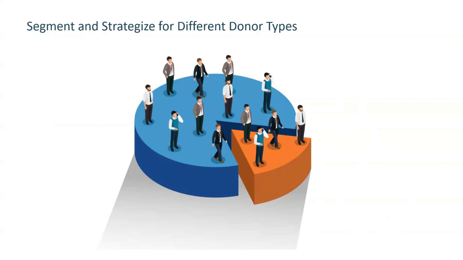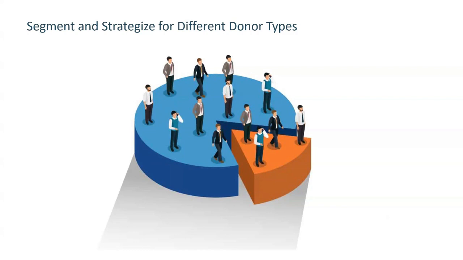Your donors aren't a monolith, and so you can't always achieve what you want through generic communications. That's why we talk about really segmenting and tailoring your messaging for the different donor types that you have. And you'll have to understand that and communicate your different approaches in your fundraising plan.